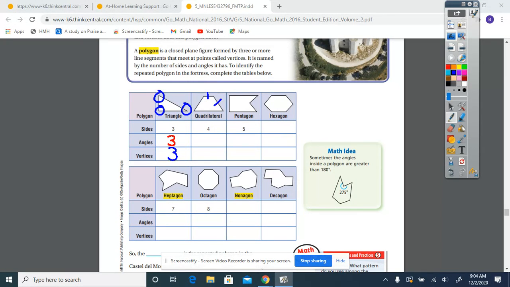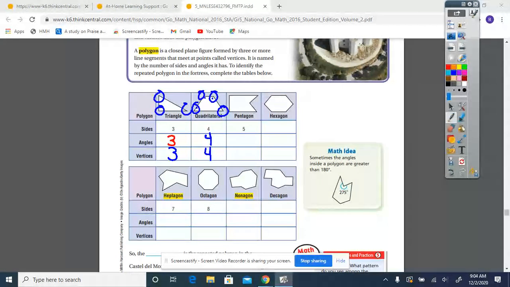So 1 side, 2, 3, 4. But now let's count how many angles and how many vertices. There's 1, 2, 3, 4 angles. There's 1, 2, 3, 4 vertices.